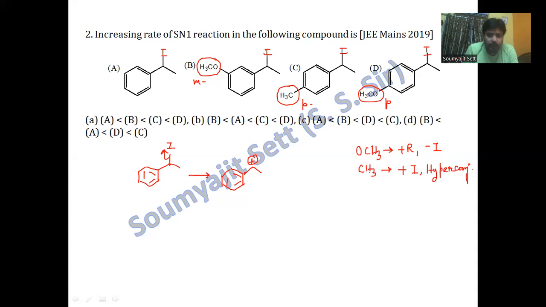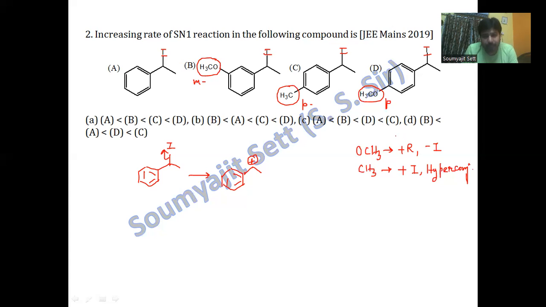When OCH3 or CH3 are present at the para position, they can show plus R effect and hyperconjugation respectively.